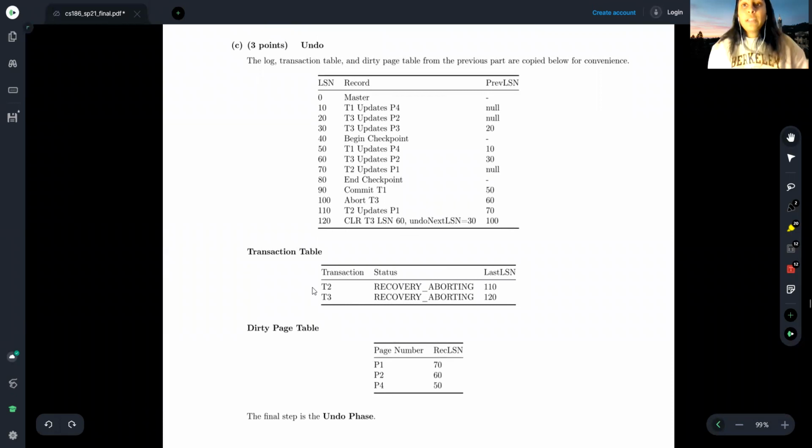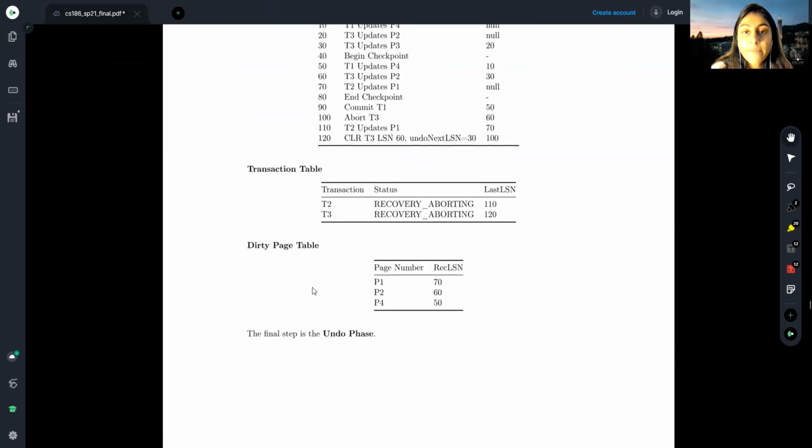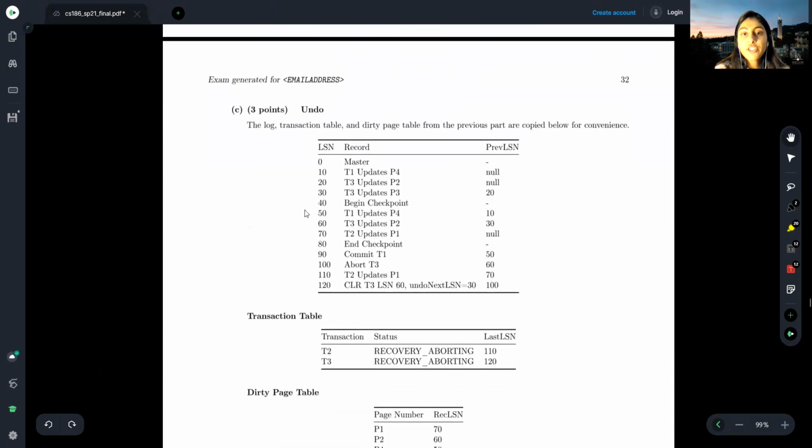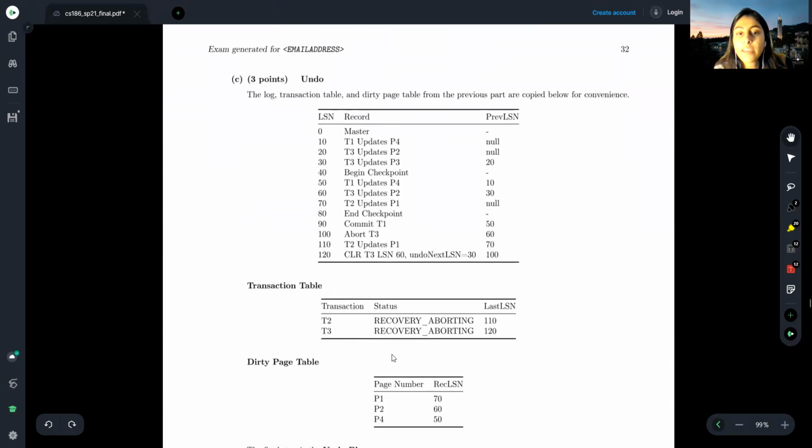Part C is going through the last portion of our recovery, which is the undo phase. We're given the log, transaction table, and DPT. And we're asked which of the following LSNs are in the initial priority queue. Remember that the undo operations work backwards. They start with the last LSNs of the transactions that are in the transaction table, and then they keep filling up the priority queue with the next LSN that happened previously for that particular transaction until the value is null.